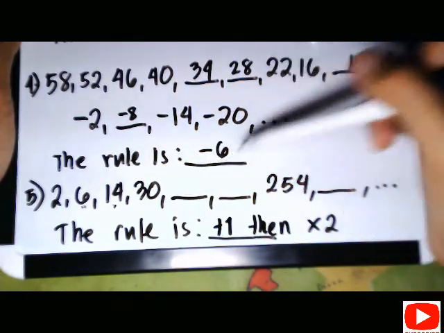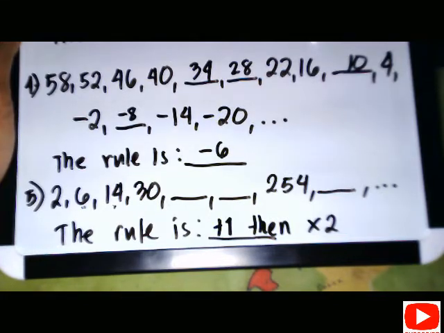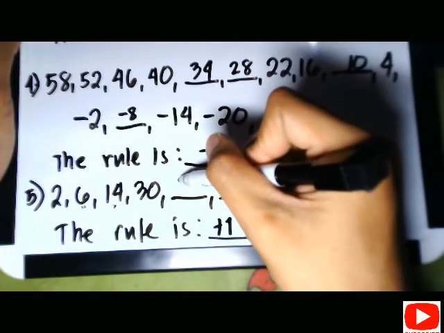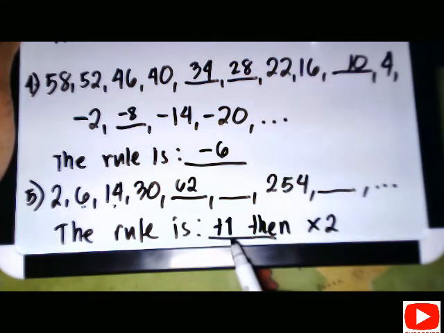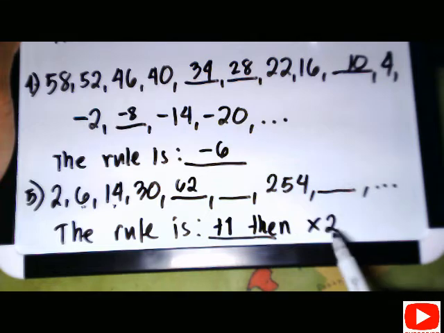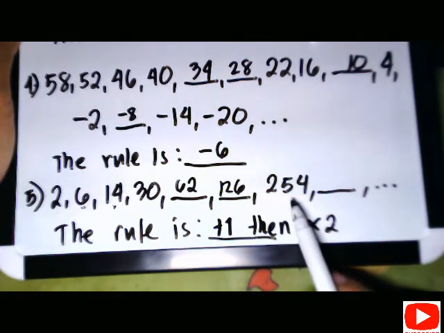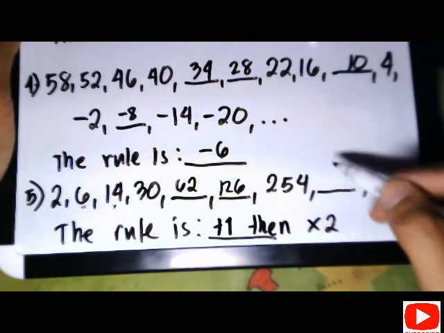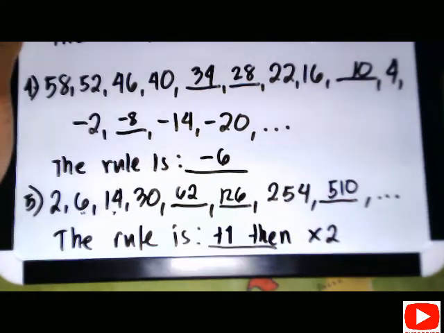So let's continue the pattern. 30 plus 1, that's 31, times 2, it's 62. 62 plus 1, 63, times 2, that's 126. 254 plus 1, that's 255, times 2, that's 510, and so on and so forth.